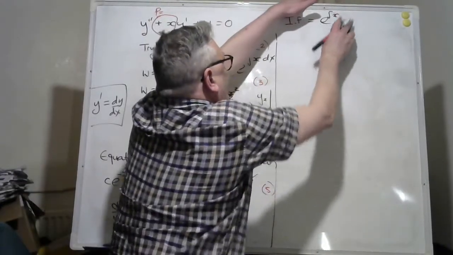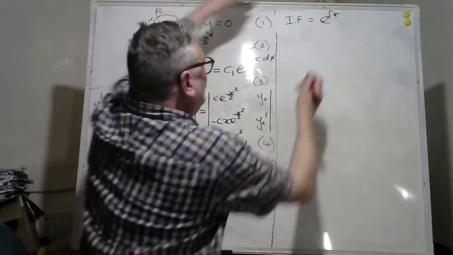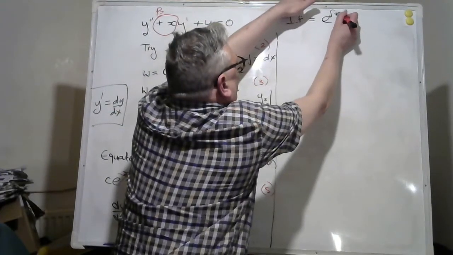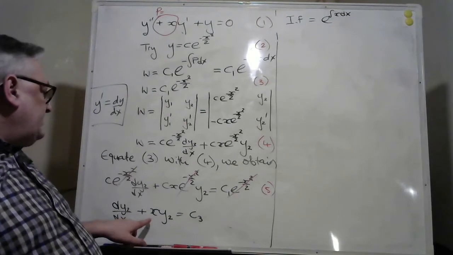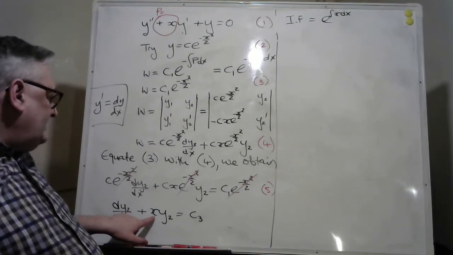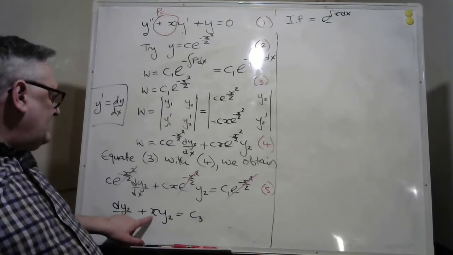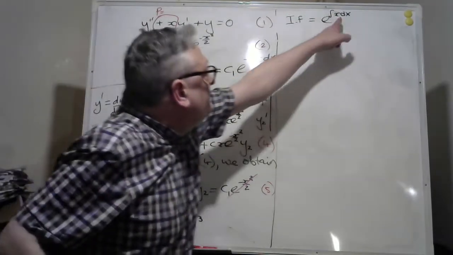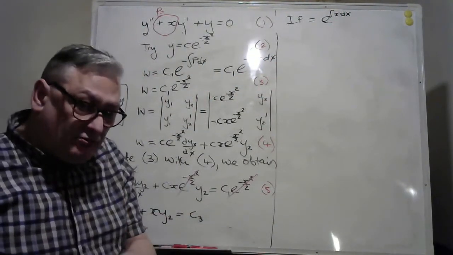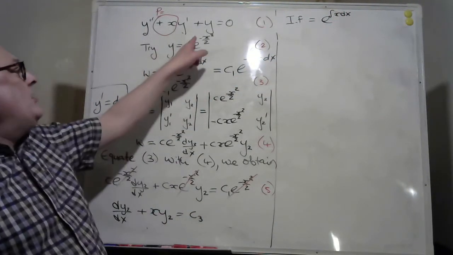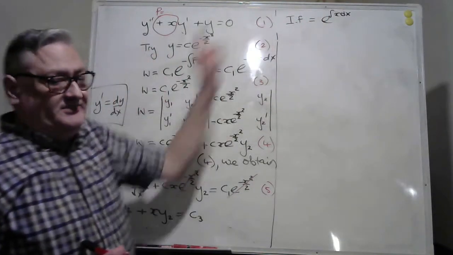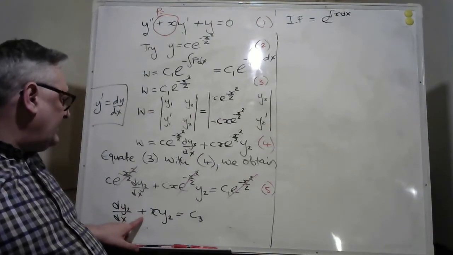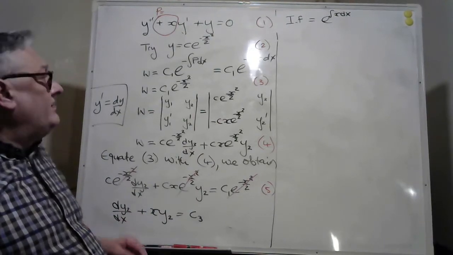You've got to watch me, I do make mistakes and forget to put things in. It's the integral of x dx, because it's this x here that we have to substitute up there. A bit like using the Wronskian, except the Wronskian always has a negative sign in it. The integral sign doesn't, unless that term happens to be negative.